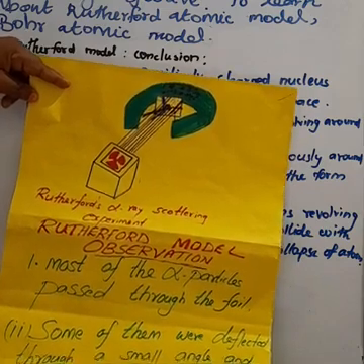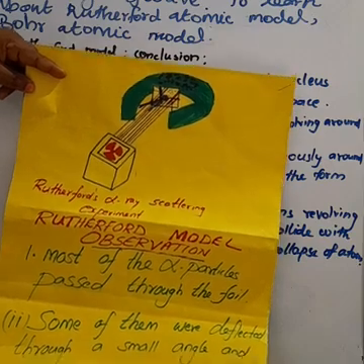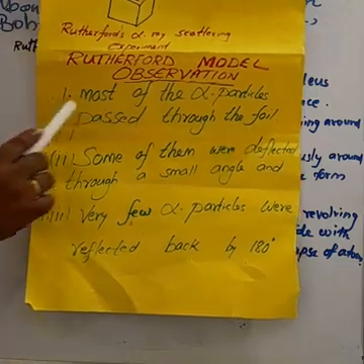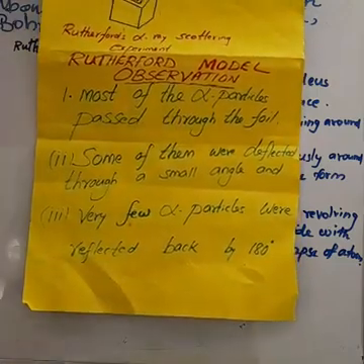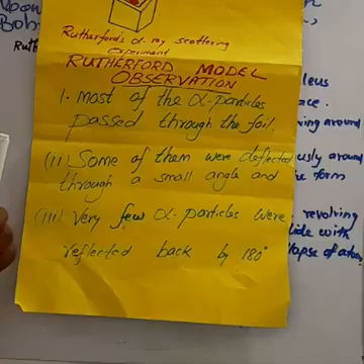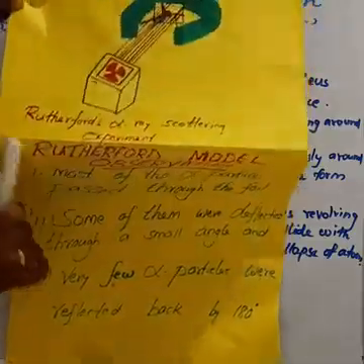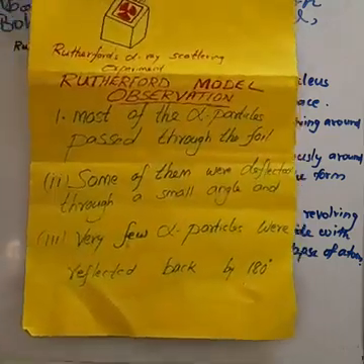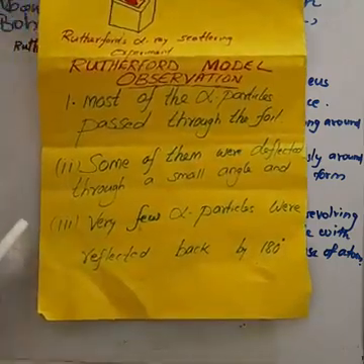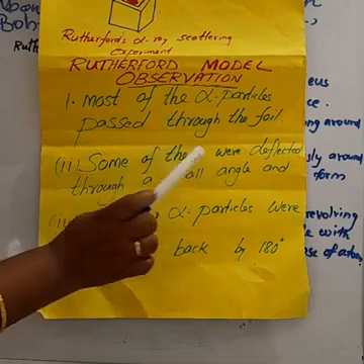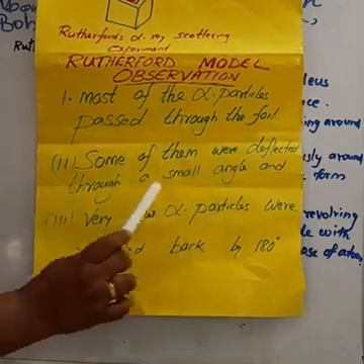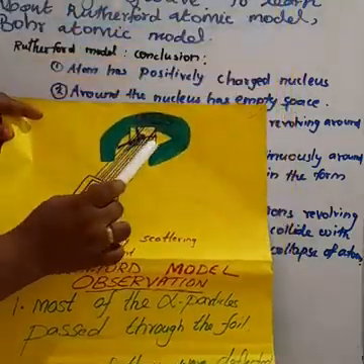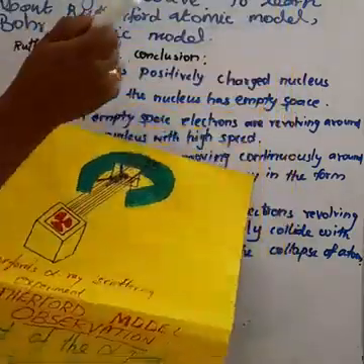What did he observe? He observed that most of the alpha particles passed through the foil. Secondly, some of them were deflected through a small angle.